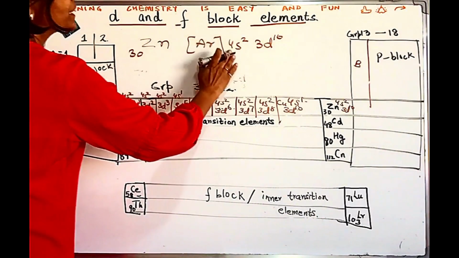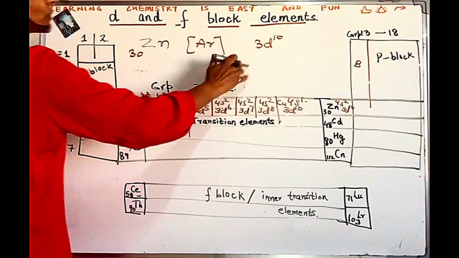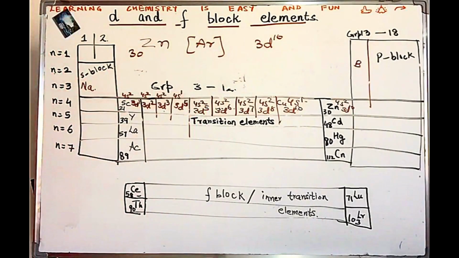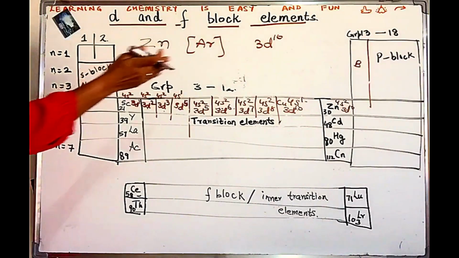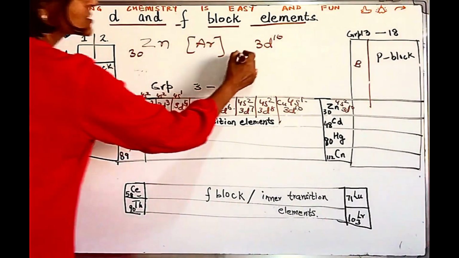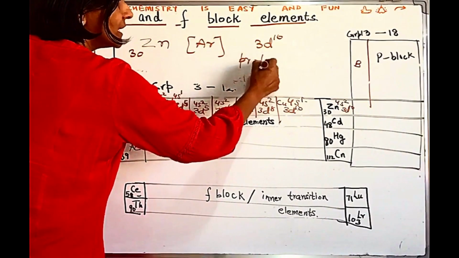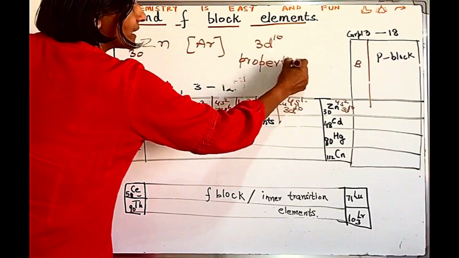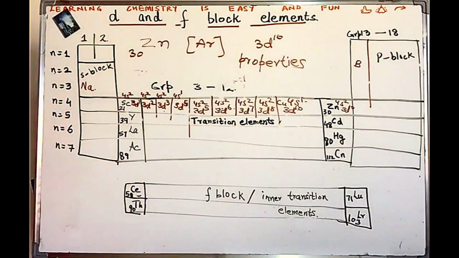Talk about Zn2 positive, it loses 4s electron, fully filled d orbital, right? Then what qualifies its position in the d block of the periodic table? Its properties, its behavior, its characteristics are what qualify its presence in the d block.